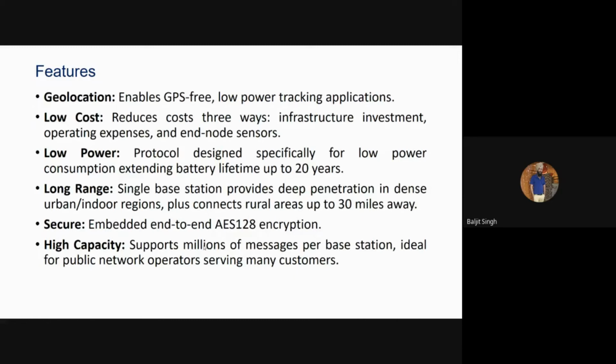Long range: a single base station provides deep penetration in dense urban indoor regions, plus connects rural areas up to 3 miles away. Embedded end-to-end AES 128 encryption. Supports millions of messages per base station, ideal for public network operators serving many customers.